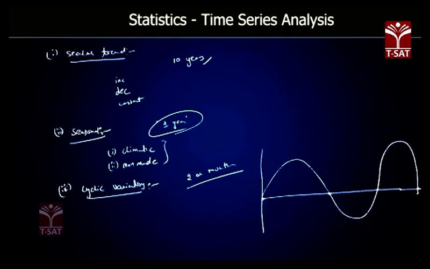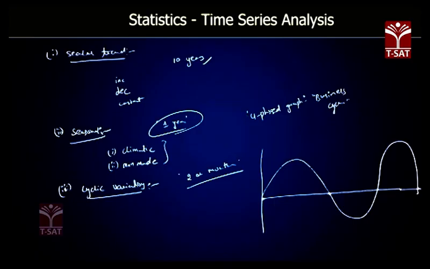Usually we call this graph a four-phased graph, or we can also call it a business cycle. This cycle will repeat within 2 or more years of time interval.